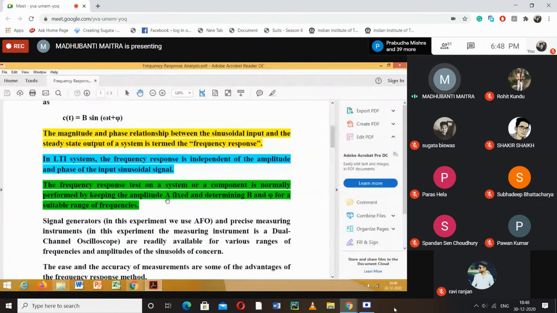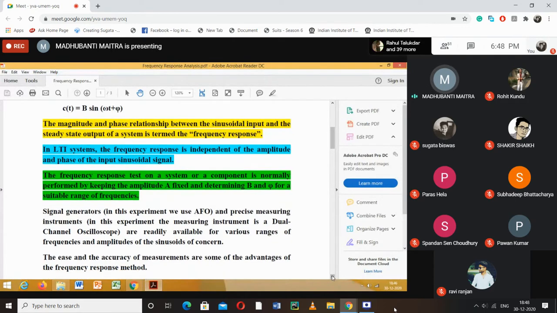As I said, the input will be a constant amplitude, variable frequency sinusoid, and we determine B, the amplitude of the output, and phi for a suitable range of frequencies. For that we'll require a signal generator.